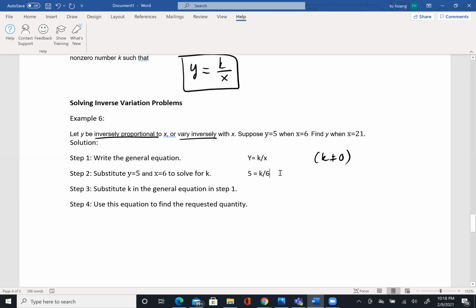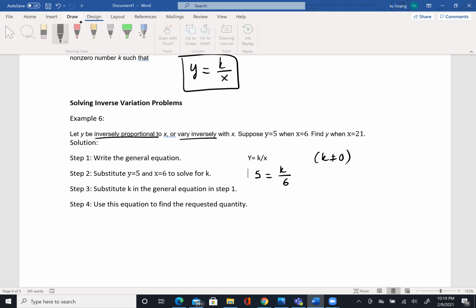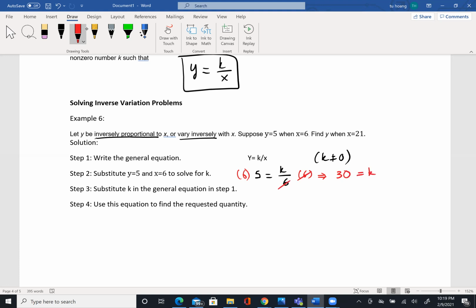Solve for k. Maybe I'll write it like this so you can see it easily: 5 equal to k divided by 6. So what I do is multiply both sides by 6, so the left-hand side becomes 30 and the right-hand side becomes k. So k equals 30.